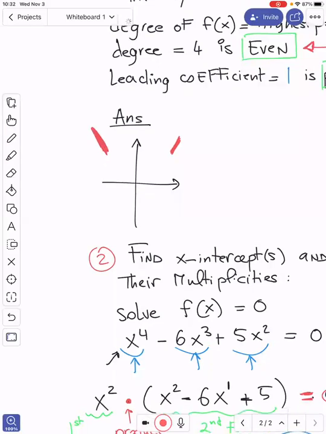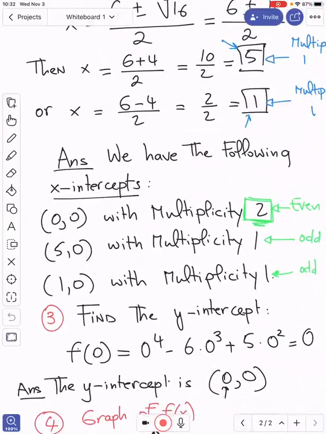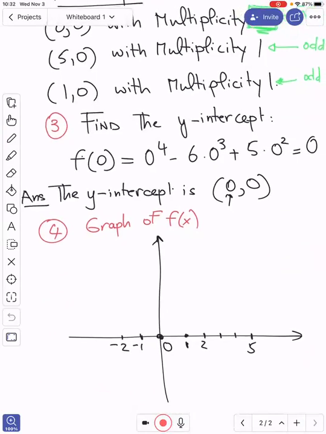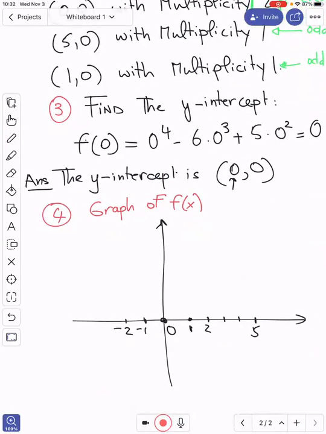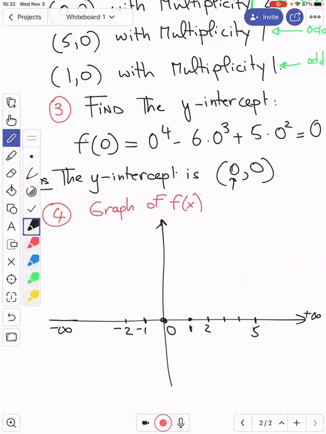Whenever you want to graph a function f, you always start from the left anyway. So from the left at negative infinity, this is like negative infinity right here, and this is like positive infinity. So you're gonna start from the top right here, okay? That's because of the behavior at infinity, right?